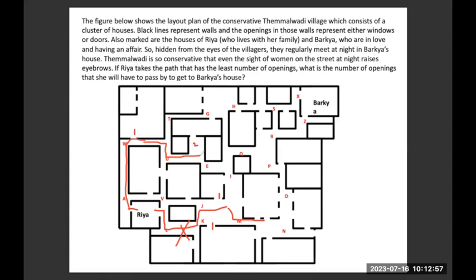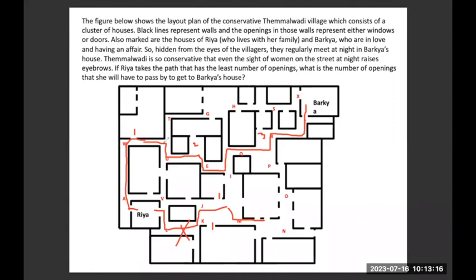Second opening here. Take this route, go on this path. Not yet any openings encountered. Third opening here. She will reach Bhakya's house using 1, 2, and 3 openings.